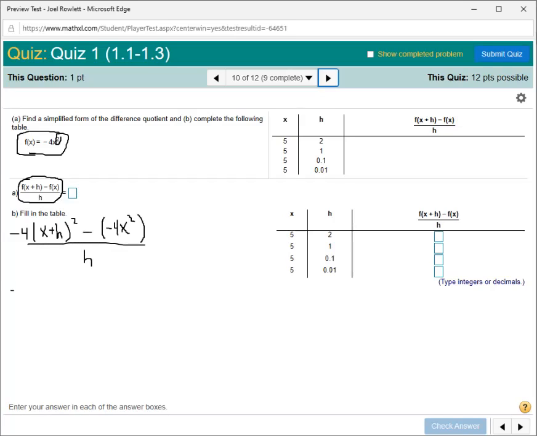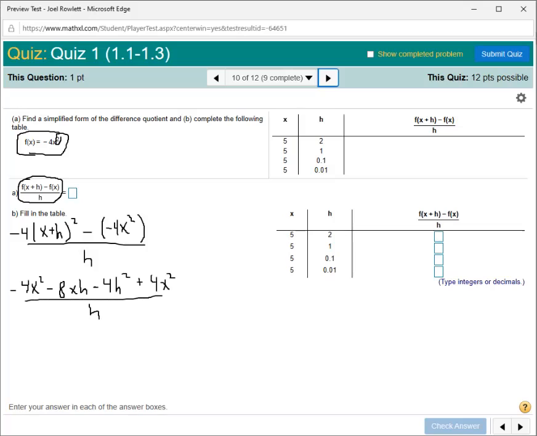And that's going to give me negative 4x squared minus 8xh minus 4h squared plus 4x squared. And this is still all over h.